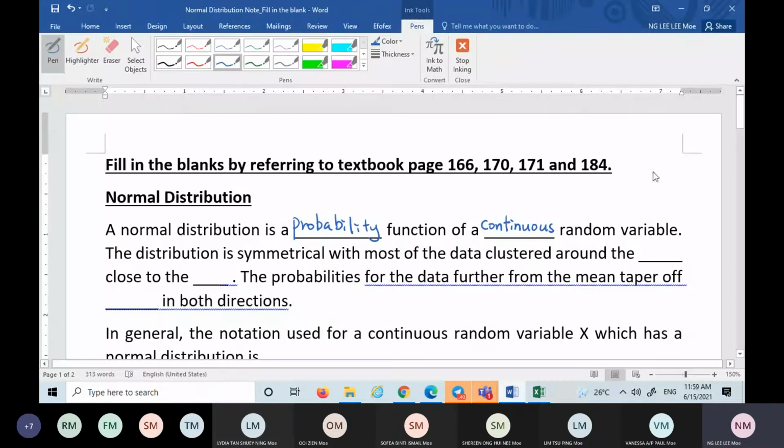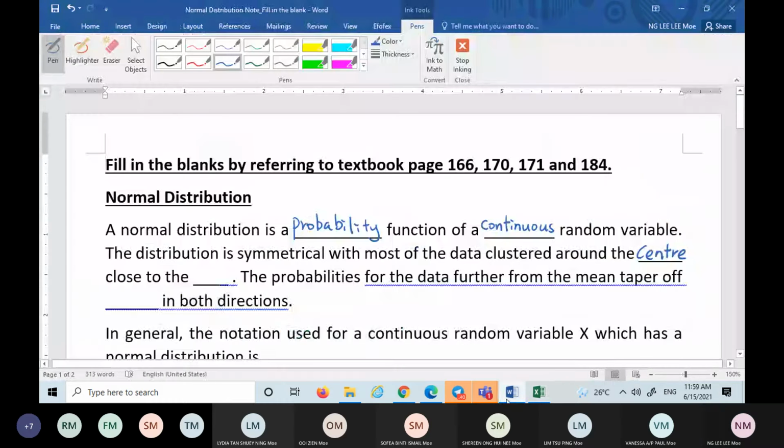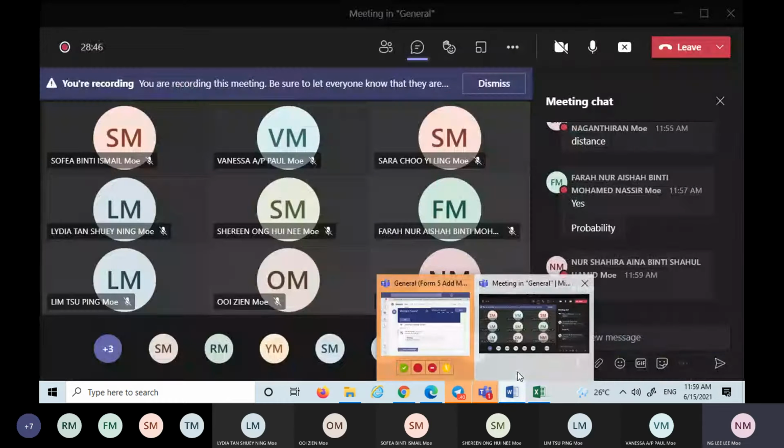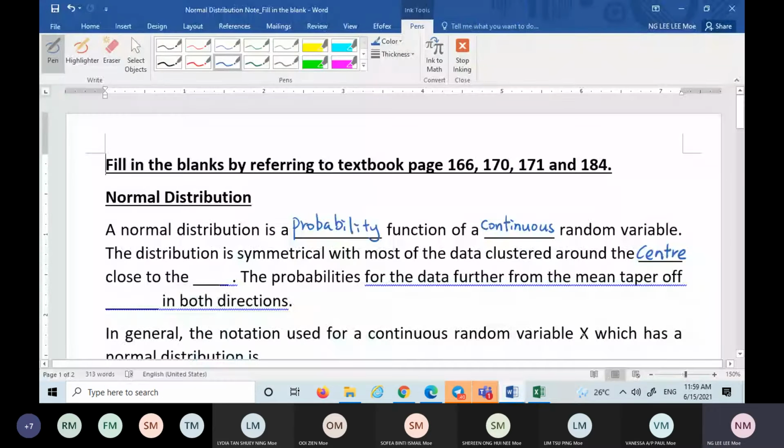Thank you. Center. Close to the what? The center is also something of this distribution. Next girl is Shahira. Close to the mean. Thank you, Shahira.